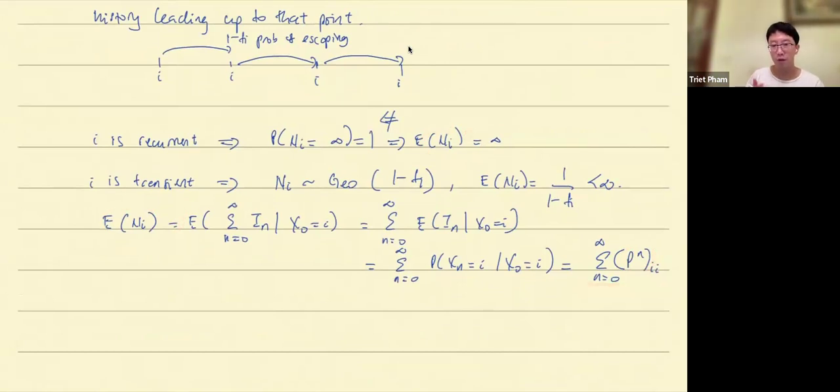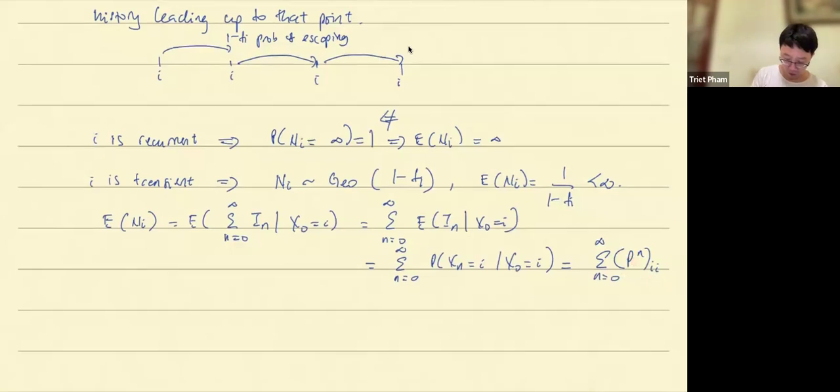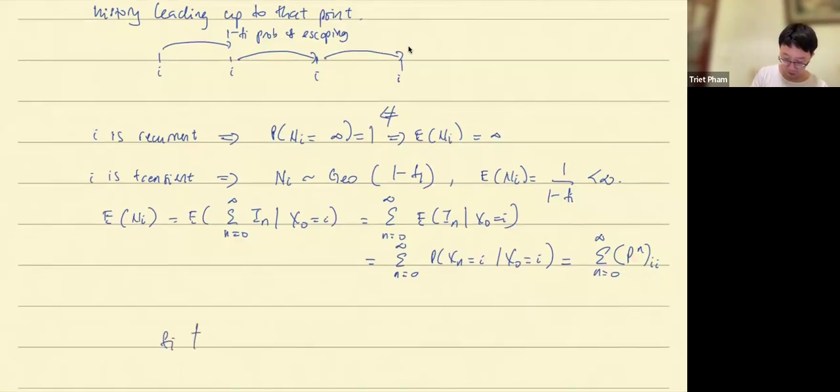The probability of ever revisiting somehow is connected to the probability of revisiting after n steps. But you can also try to check, and of course, do not make this mistake. This is clearly not true. What's the reason?